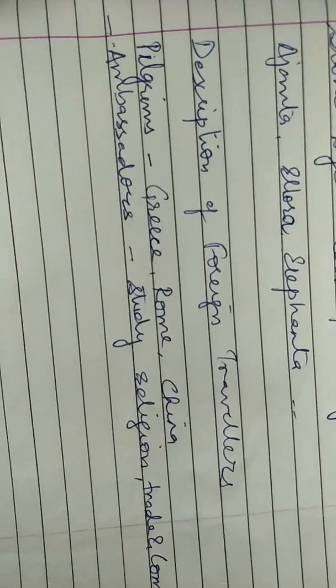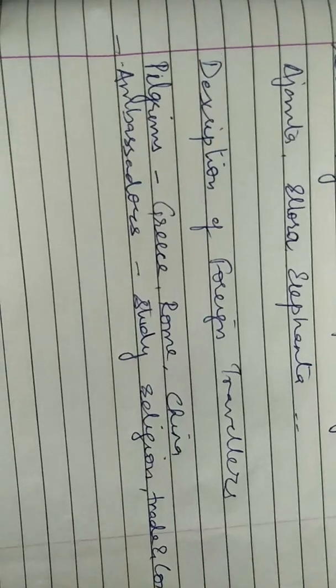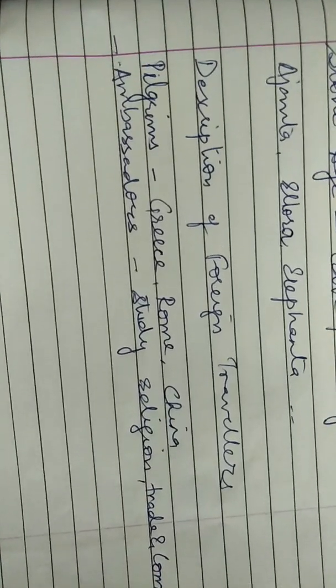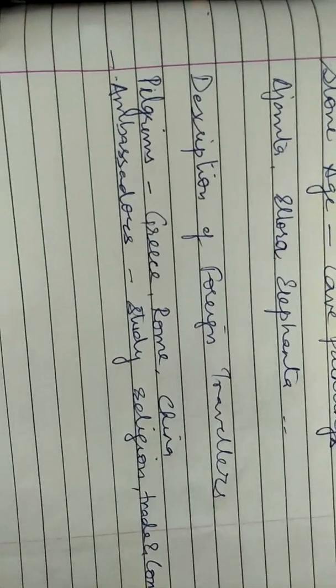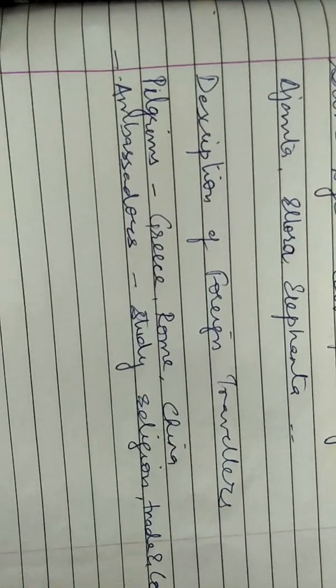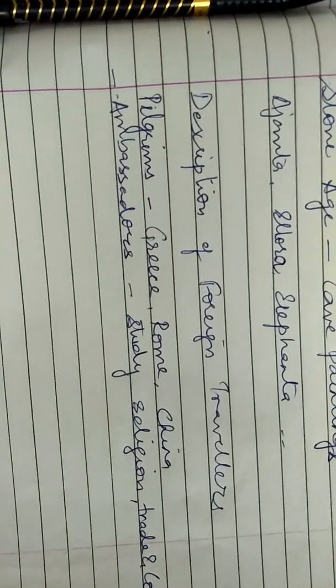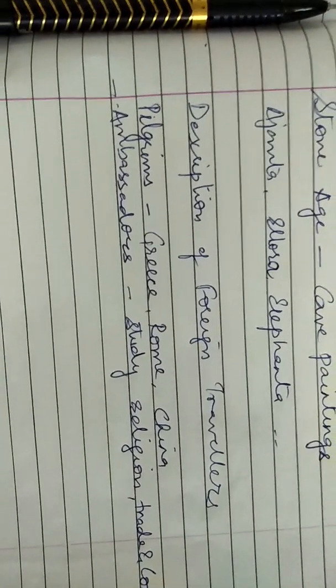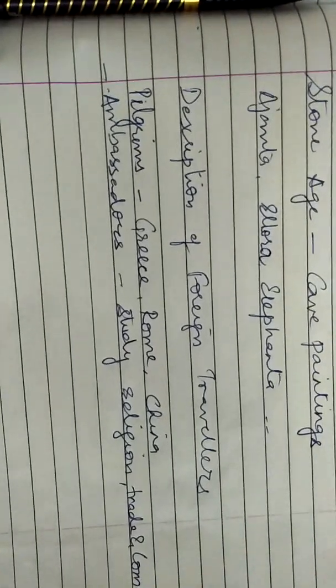Fa-Hien, Yuan Chwang, Itsing were prominent among them. They give us a first-hand detailed picture of the Buddhist religion, Buddhist places, Emperor Harshvardhan, Nalanda University, and the Indian society of that time.